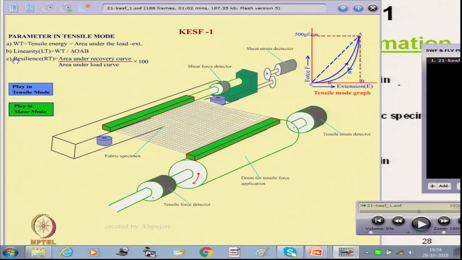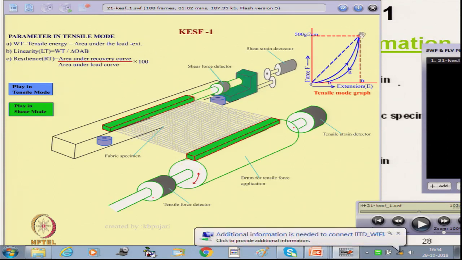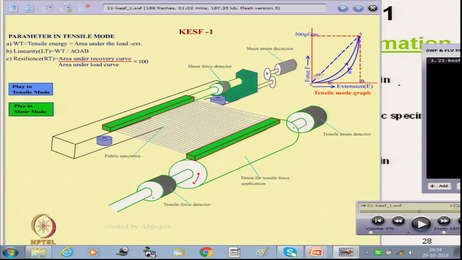Next is the linearity, LT, linearity of the curve, which is nothing but WT, the energy required for extension, divided by the area of the triangle AOB, which would be formed if the curve were a straight line.